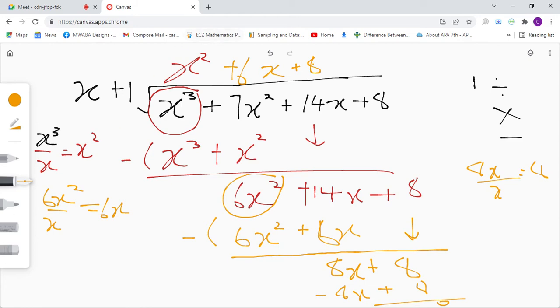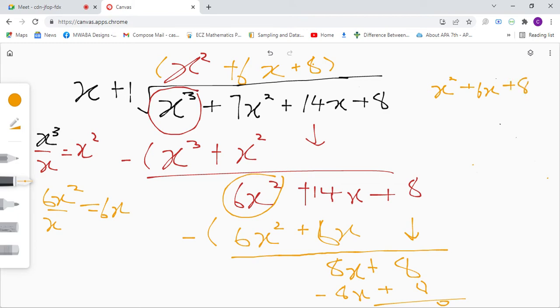Now let's check, can we simplify this factor any further? We're going to write x squared plus 6x plus 8.